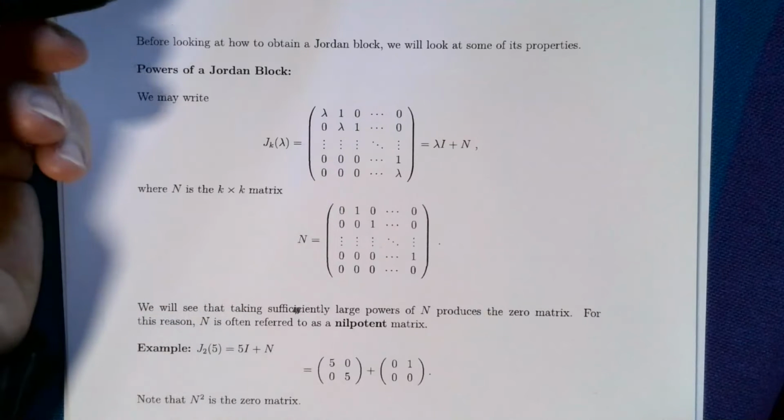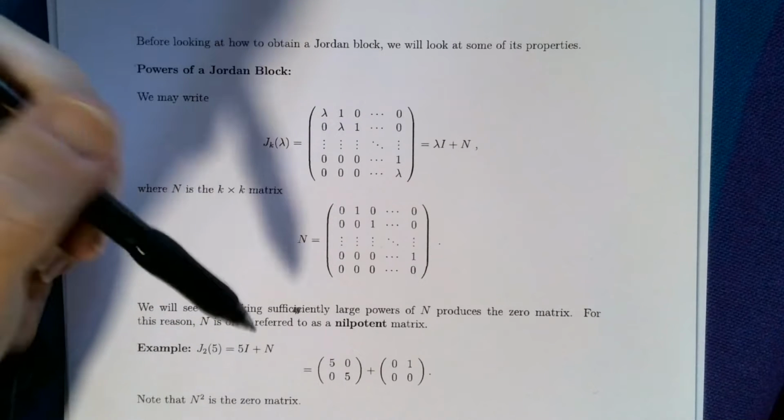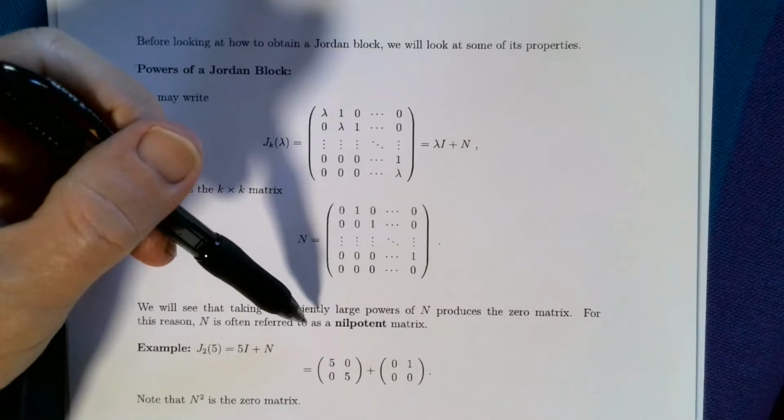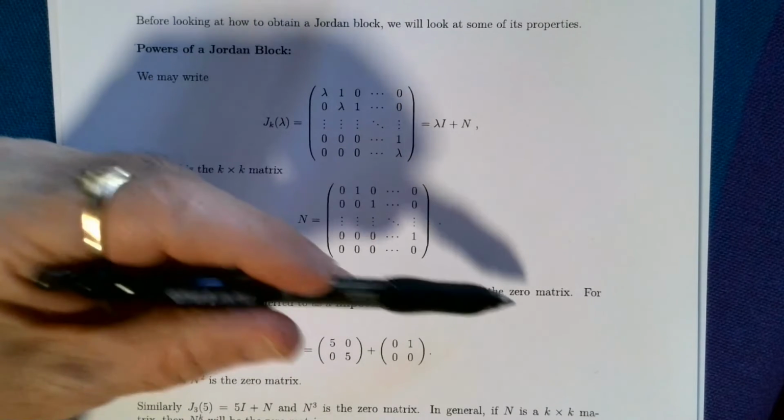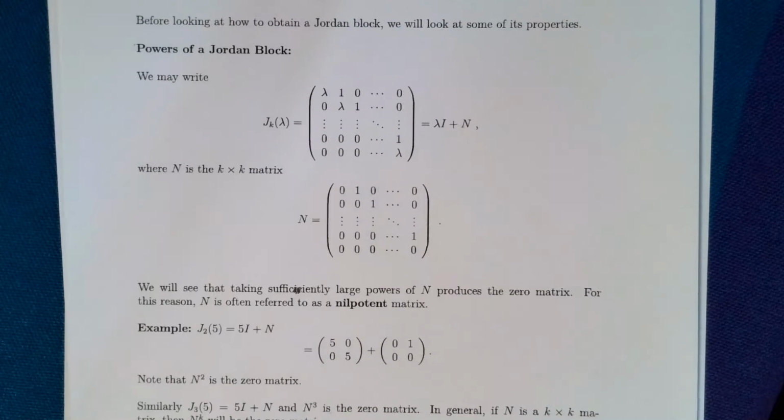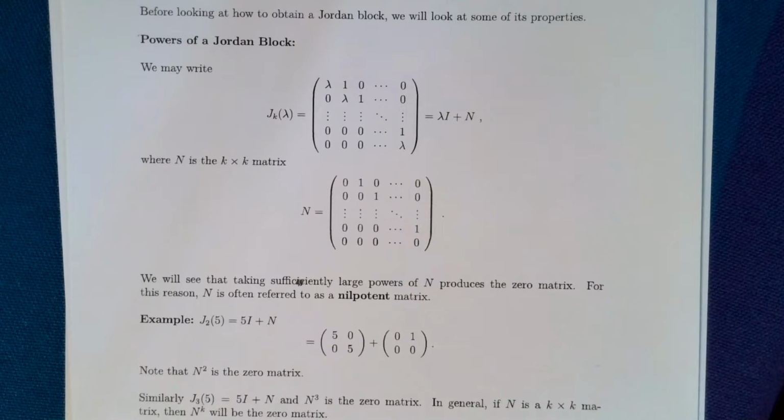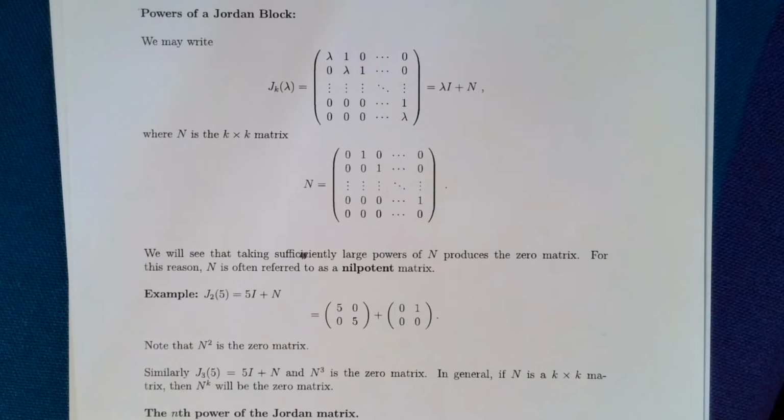And in fact we'll see that taking sufficiently large powers of N produces the zero matrix. And for this reason, this N is often referred to as a nilpotent matrix. It's a matrix where, if you take large enough powers, you eventually get the zero matrix.